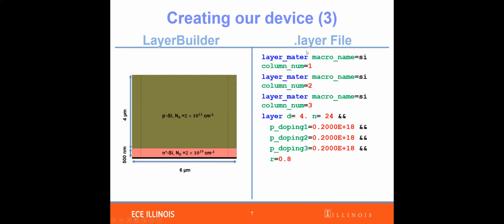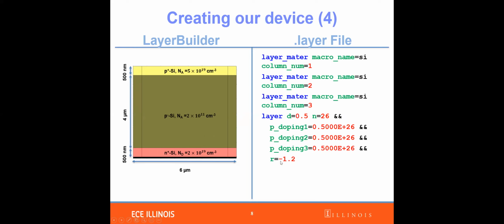Then we define the lightly doped P region, which has a 4 micrometer thickness. The doping concentration is 2 times 10 to the 11, but here I use 2 times 10 to the 18 because the default unit is per meter cubed, so you need to make a conversion from centimeter cubed to meter cubed. On top of it is the P plus layer.